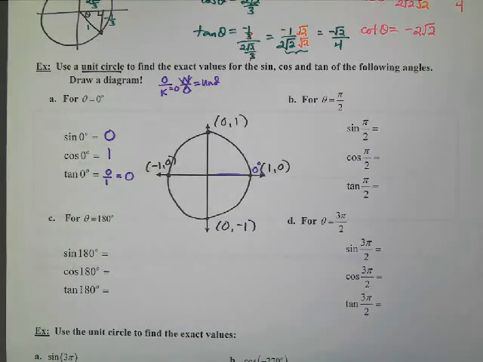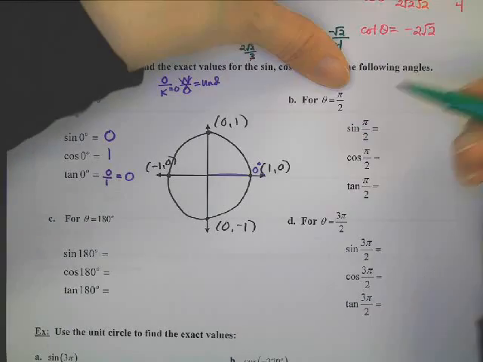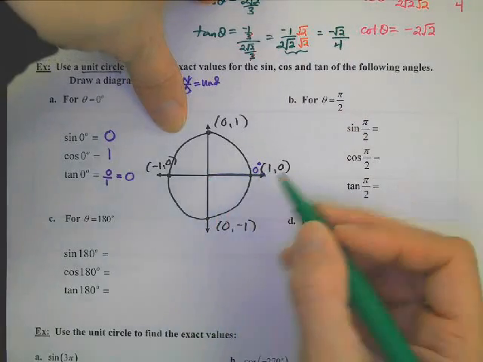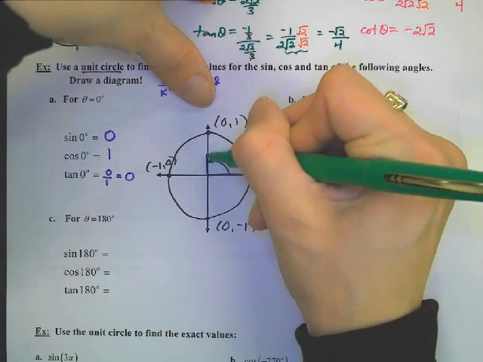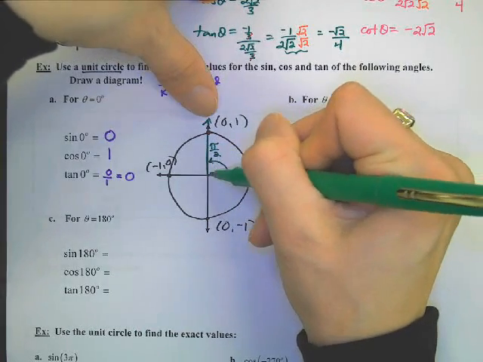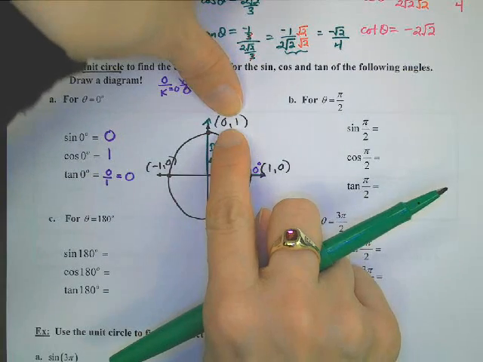Okay, let's do another one. This time we're going to evaluate pi over 2. The first thing I need to ask you, where is pi over 2? You put the initial ray on the positive x-axis and you swing up this much. So pi over 2 is right here. An angle of pi over 2 takes you right here to 90 degrees, due north. So that's where you're looking.